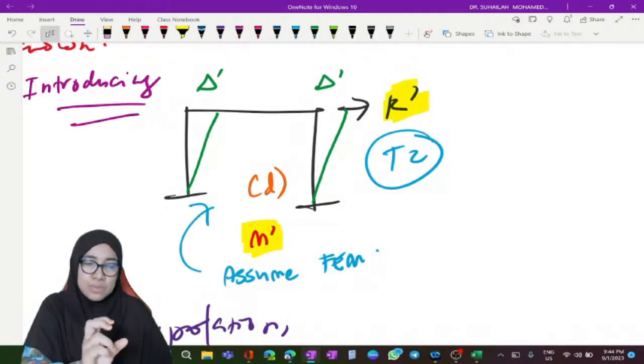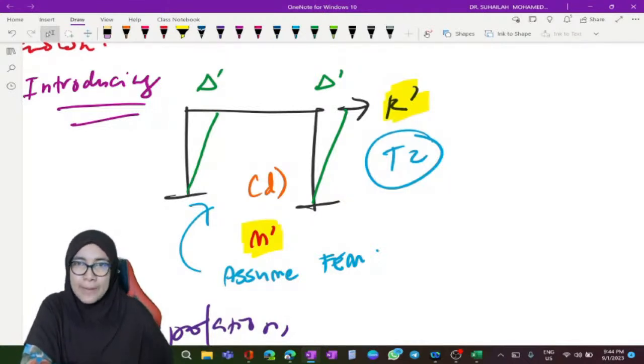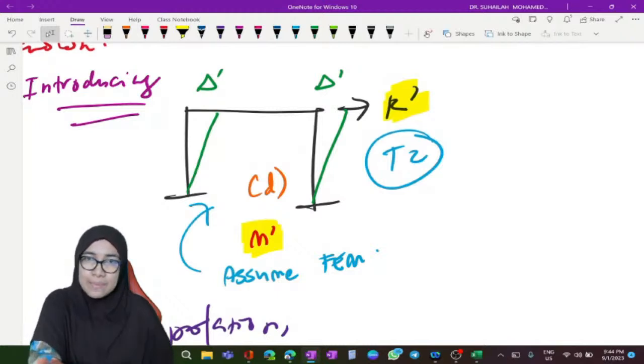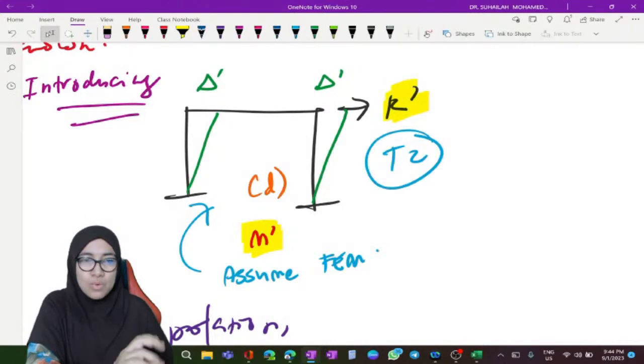We assume FEM and use this assumption in the table, and at the end of the analysis we find back the correction factor. This is table number 2, always.